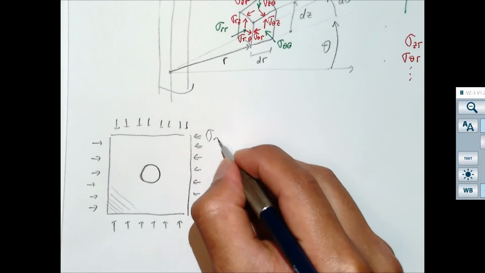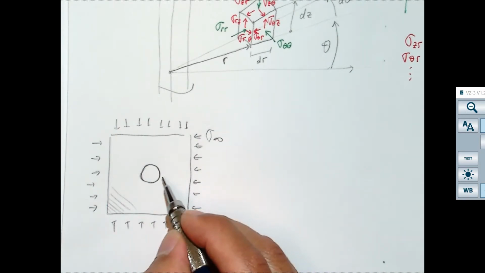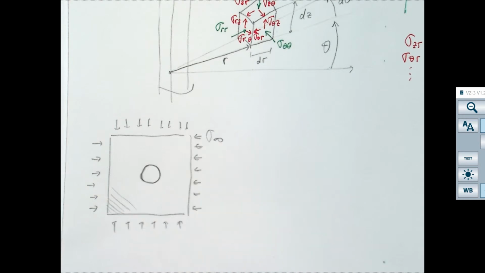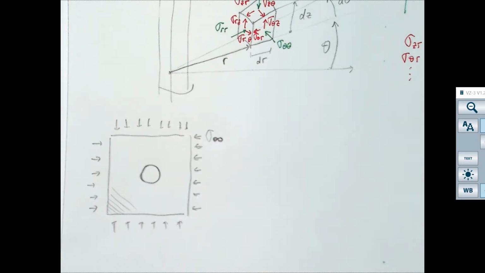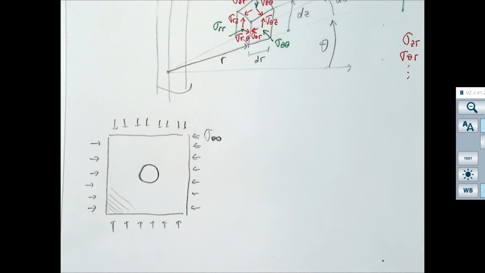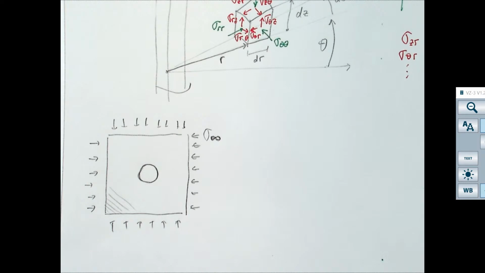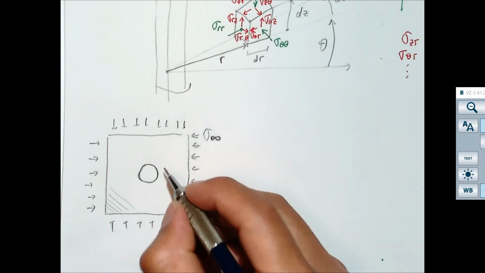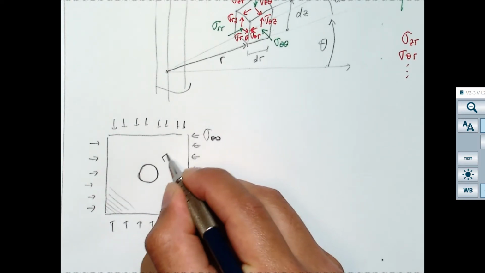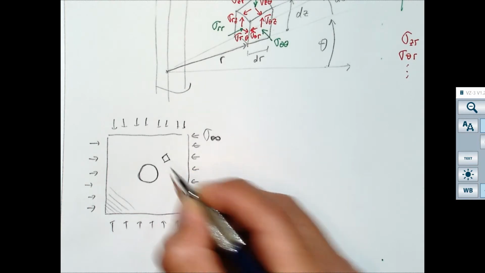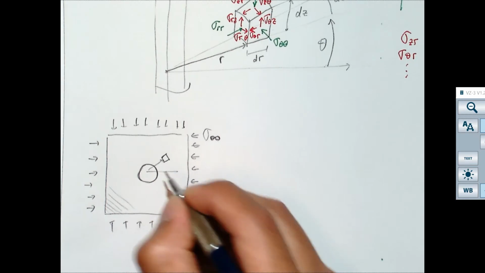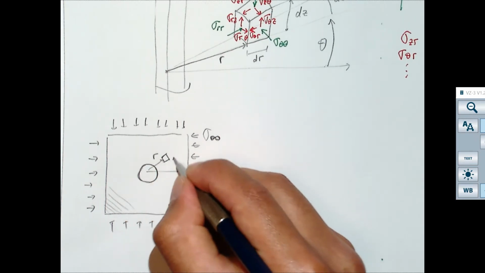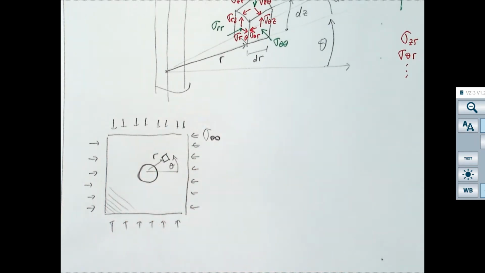And although I'm drawing a rectangle here, remember that I mean that this is infinitely large. I'm going to call this one sigma infinity. My objective now is to tell you what the stress is at any part around the wellbore, at the distance r and at an angle theta.